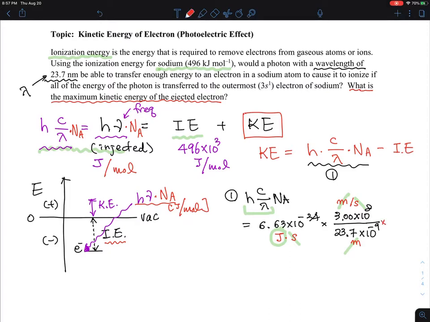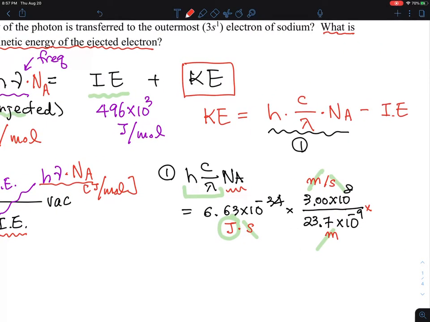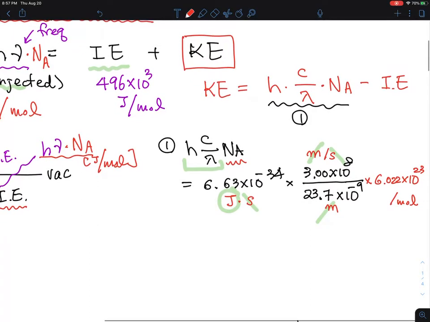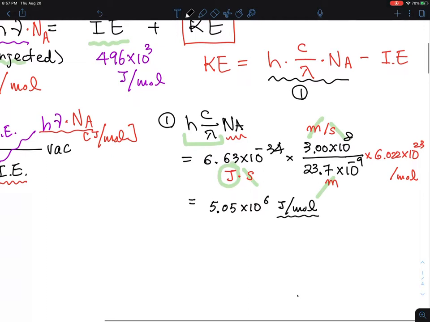So you need to multiply by Avogadro's number, which is 6.022 times 10 to the 23rd, so that this is per mole basis. By multiplying everything together, you get 5.05 times 10 to the 6 joule per mole. That's the energy of 1 mole of photons.